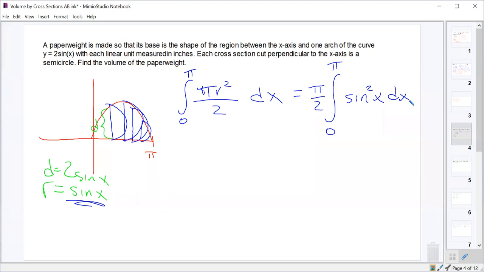So in the other documents folder of the Google Drive is a paper titled Required Trigonometric Identities. And on that paper, there is a way to convert sine squared x into something else that we will be able to integrate.